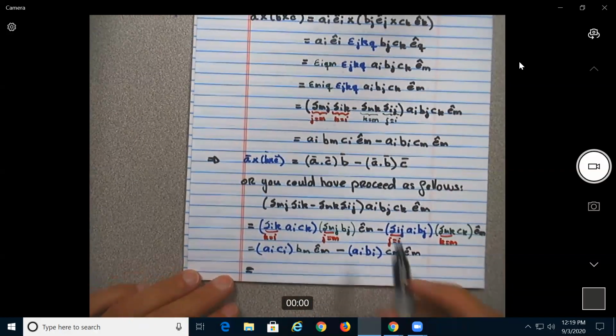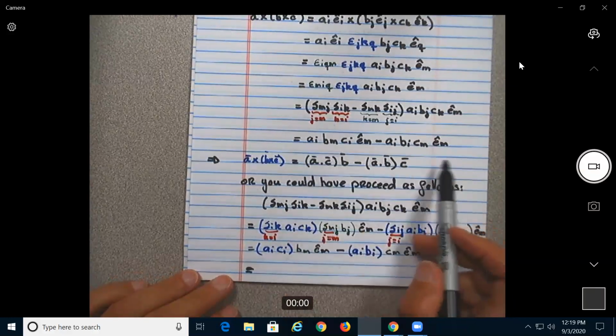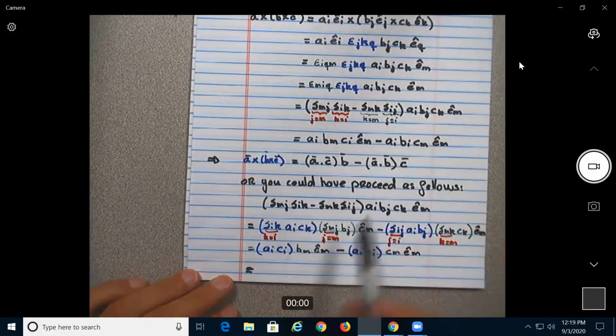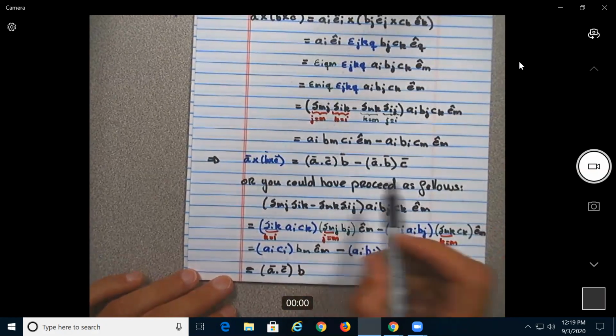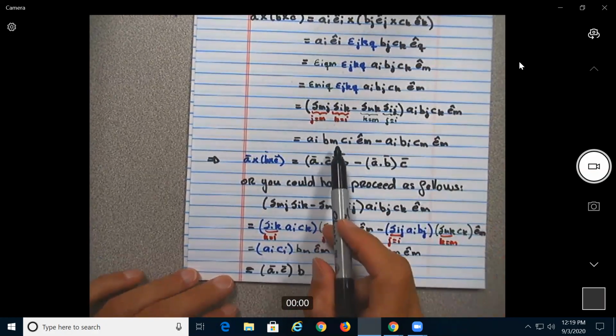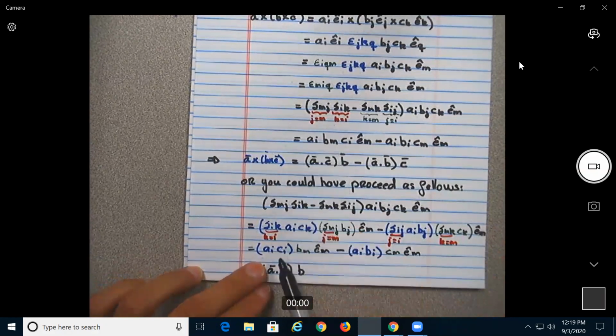Which basically is the same thing that we had over here, no? Which is A dot C times B. You see, we get exactly that as over here, but we already combined the indexes.